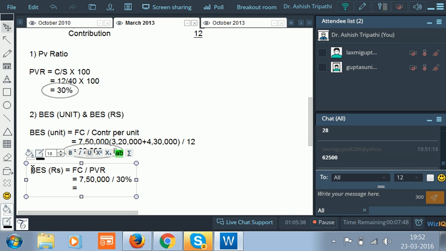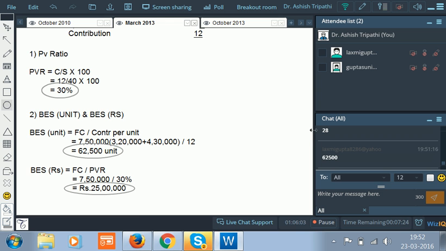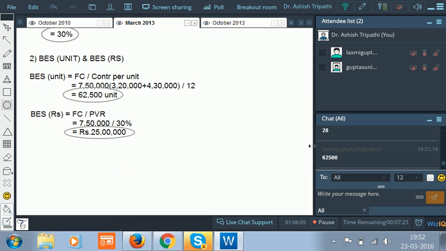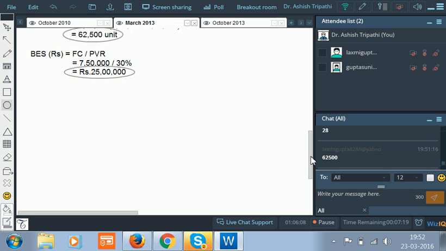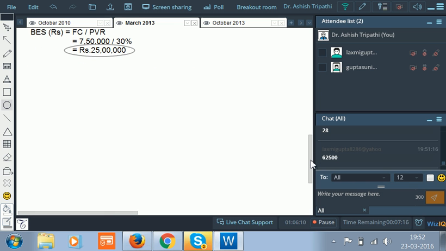So just now we calculated PV ratio as 30%. So that is equal to, let us calculate, 7,50,000 divided by 30% will give us rupees 25 lakhs. So this is our break-even sales in rupees. So we were able to calculate the second part also.